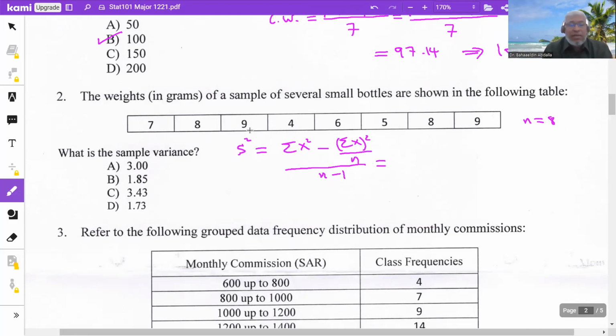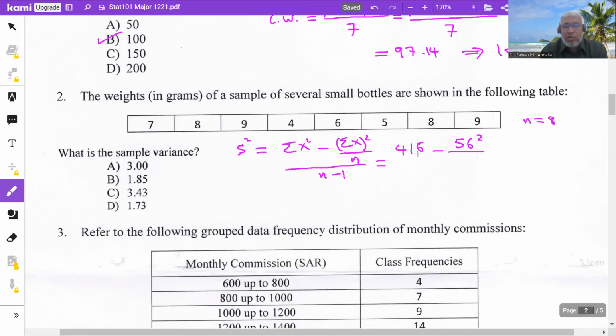So if you add all of these numbers, 7 squared plus 8 squared plus 9 squared and so on, you will find that the sum is 416. And if you just add these numbers without squaring, that's summation x, you will get 56. So summation x is 56, we need to square it.